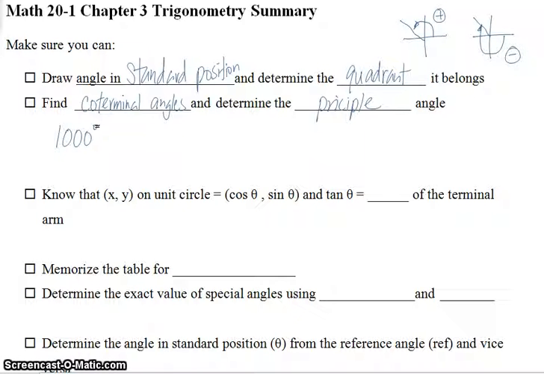You can keep adding 360 or take away 360 to find out the answer. So I'll take away 360. 360 degrees is a full circle. So all these angles I'm writing down here differ by 360, and they are all coterminal angles.